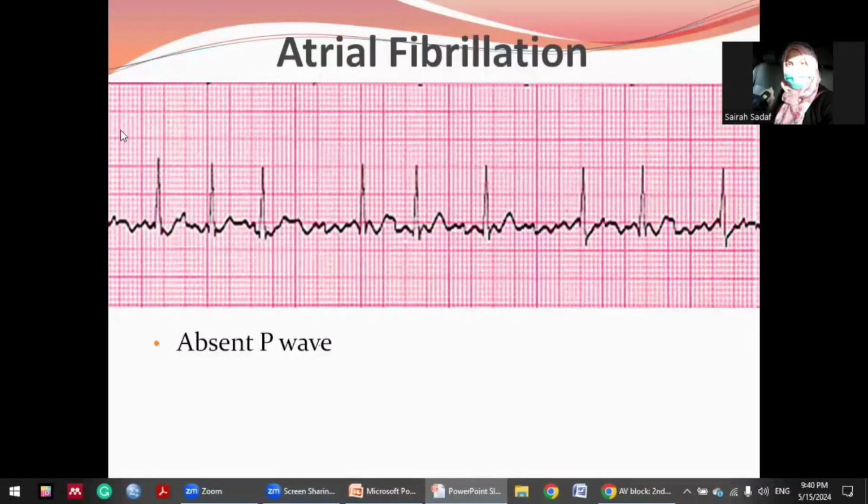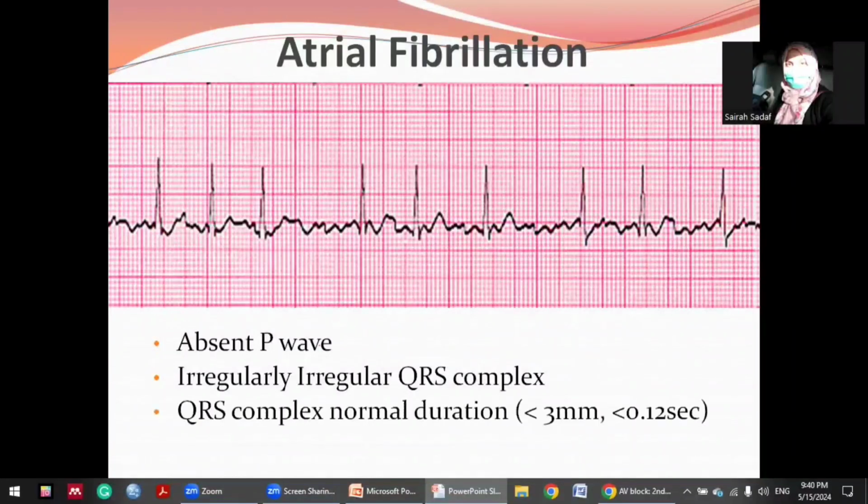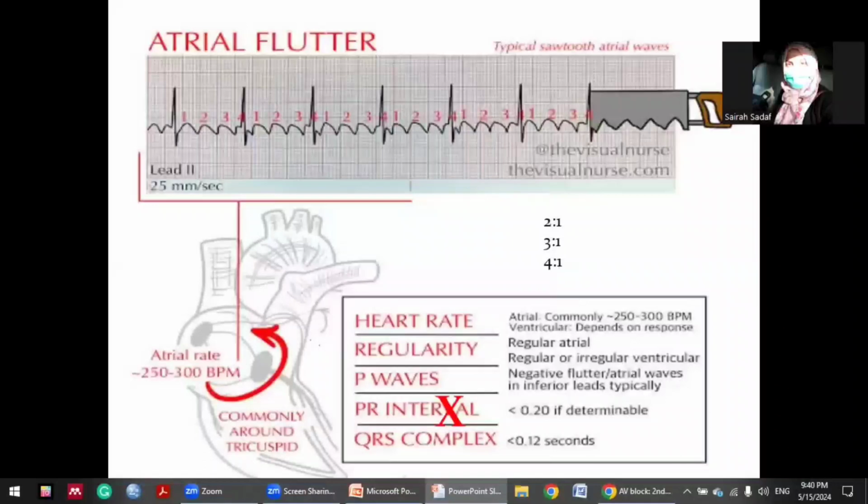A QRS complex will always be there, but there is no P wave. The duration of the QRS complex will be normal, but the distance between every R-R interval will be different, so it is known as irregular QRS complexes. Duration will be normal, less than 3 mm or less than 0.12 second. That's why we call it narrow complex tachycardia or narrow complex SVT.